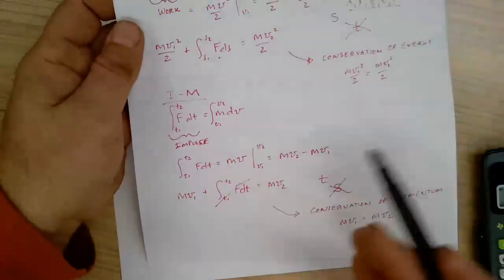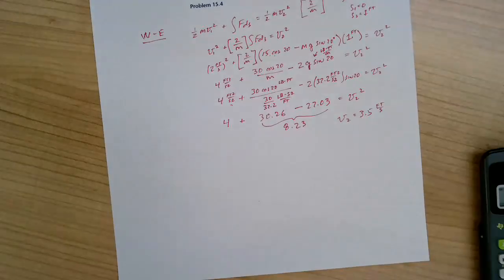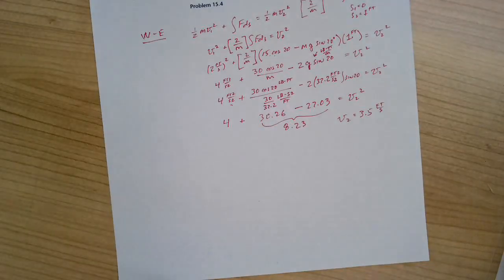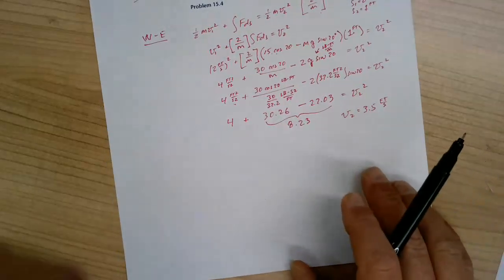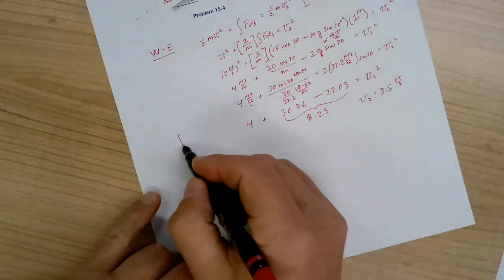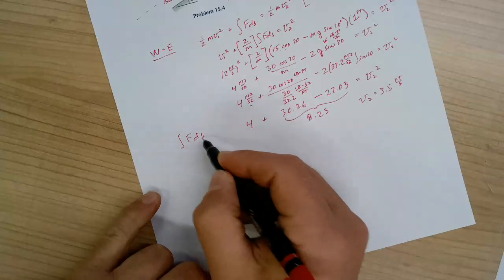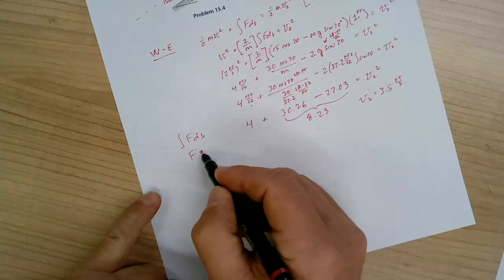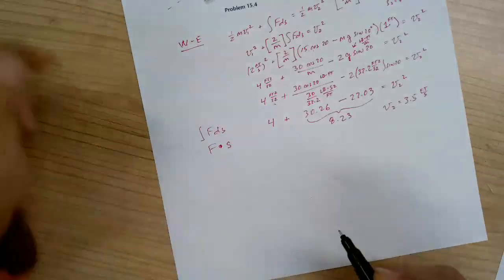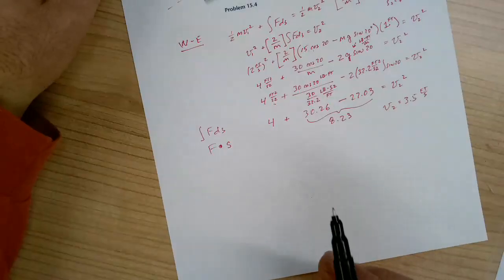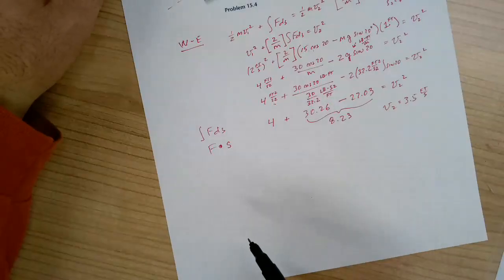Came out very nice. There's other derivations of that, and one of those derivations is with the dot product. This integral F ds is the same thing as F dot S, and I want to write that with you now.